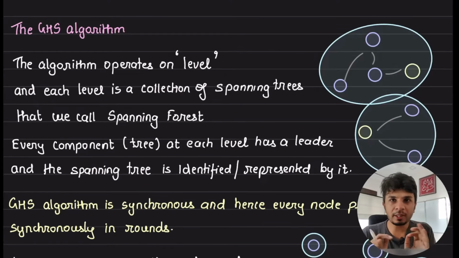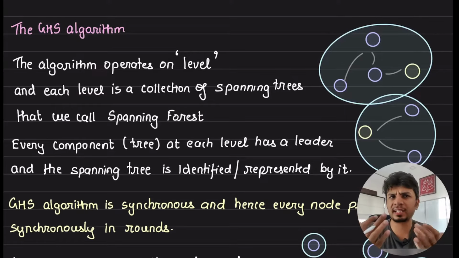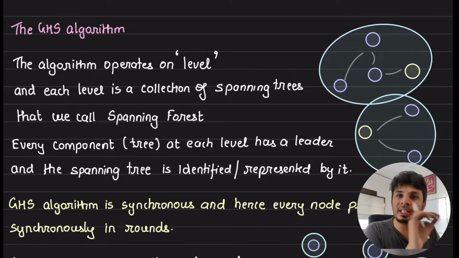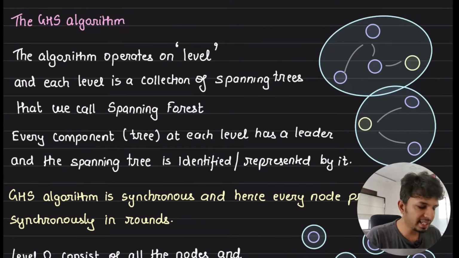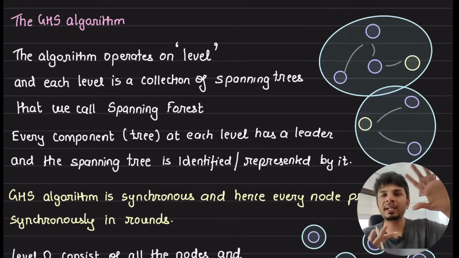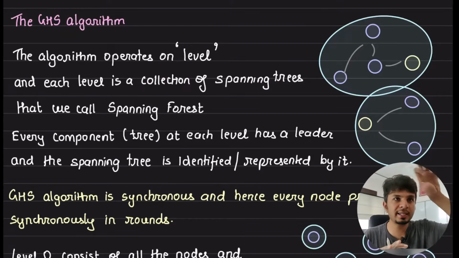The algorithm operates at levels. Each node or each spanning tree or each sub-spanning tree or component, I'll use the terms interchangeably, they all mean the same. Each spanning tree operates at a particular level. The level starts at the bare minimum, and then it would merge and so on and so forth. Let's say at a particular state of my network, I have 2 components, each having some nodes which are creating a sub-spanning tree within that.